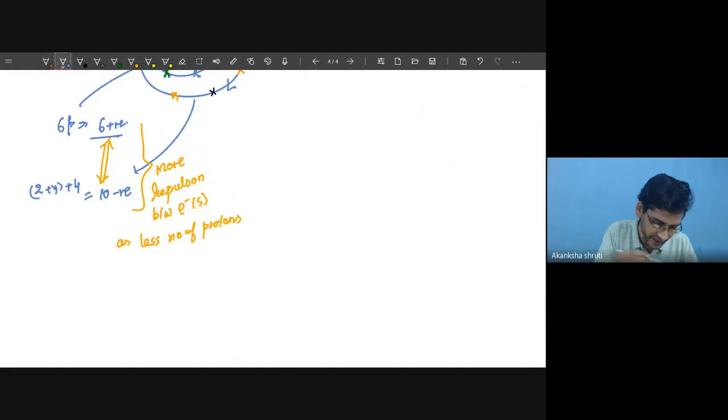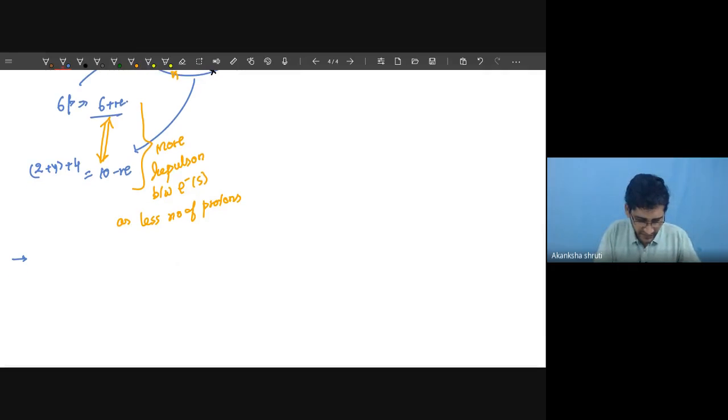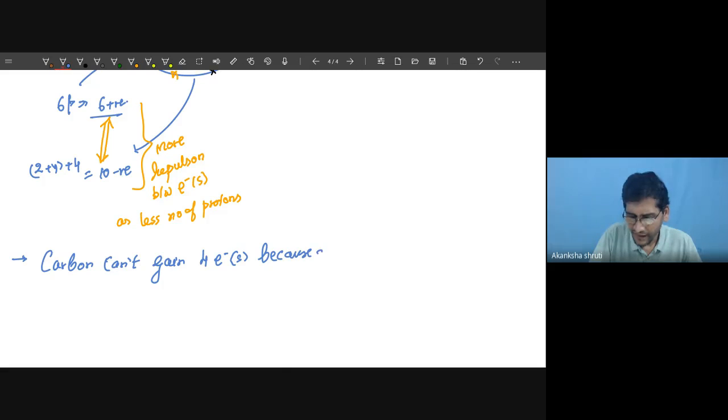So we have to write like this. Carbon cannot gain 4 electrons because of its smaller size.